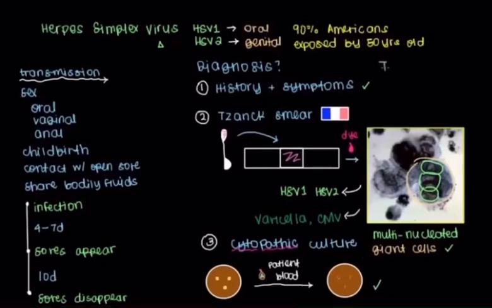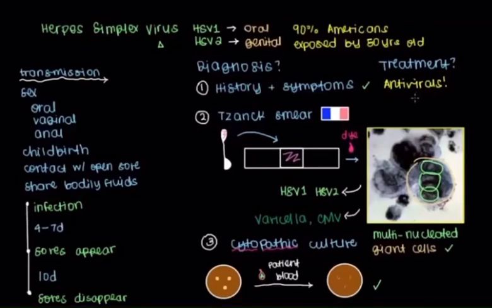All right, so let's say we've made our diagnosis. The next step would be treatment. Well, for viruses, there's a specific class of antibiotics referred to as antivirals that we'd use on them. But as you remember from the timeline of symptoms that you'll see with herpes, they usually go away in about 10 days, so we don't often give antivirals.